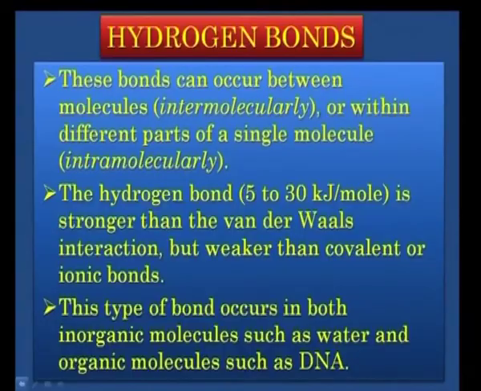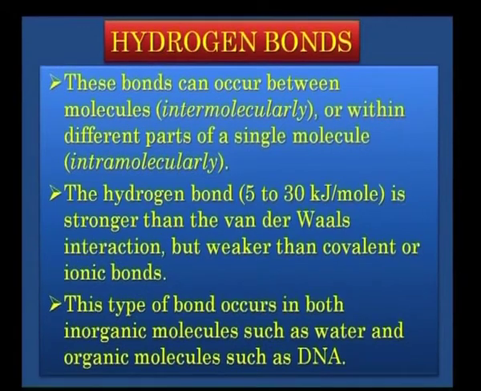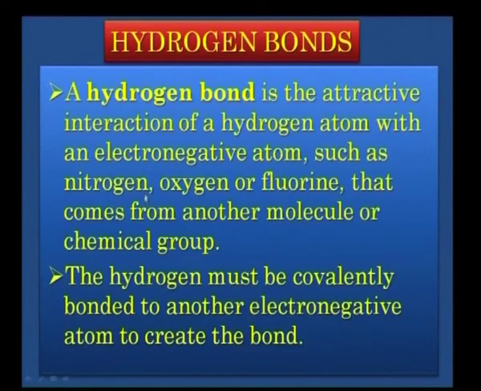This type of bond occurs in both inorganic molecules such as water and organic molecules such as DNA. So, DNA is a biologically important molecule, and this type of hydrogen bond occurs in DNA, and that gives the enormous importance associated with the hydrogen bond, right, which is the strength of the hydrogen bond is much greater than the so-called van der Waals bond.